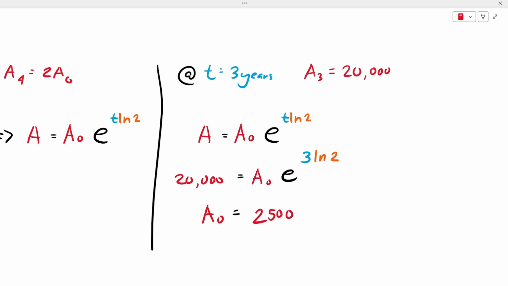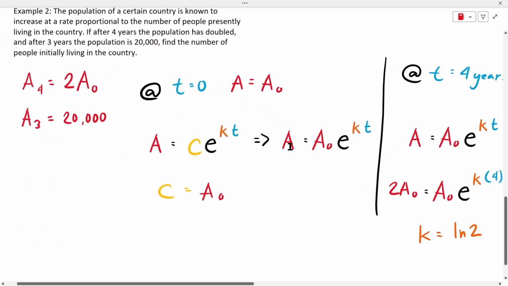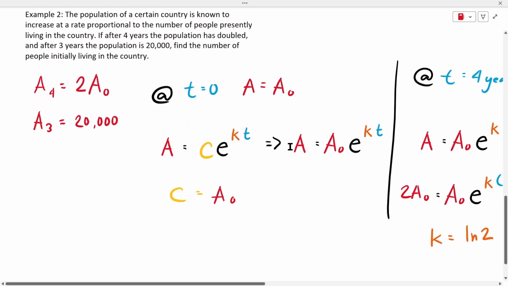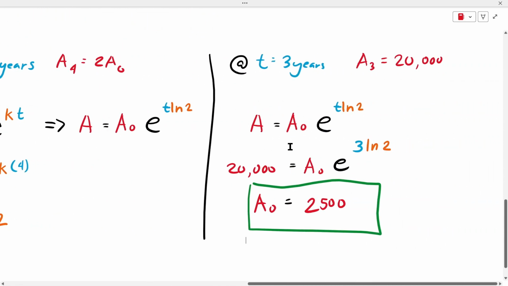So this will be the initial population, and this is the final answer. So this is the application of the differential equation.